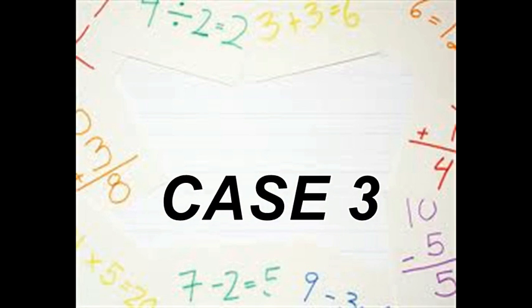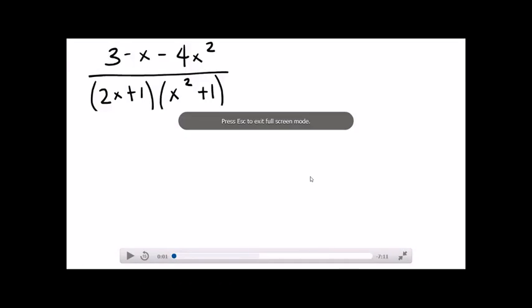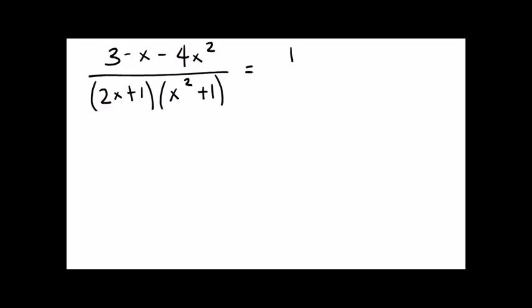Case 3. Non-repeated quadratic factors. Now, we have a given of 3 minus x minus 4x squared over 2x plus 1 times x squared plus 1 is equal to A over 2x plus 1 plus Bx plus C over x squared plus 1.